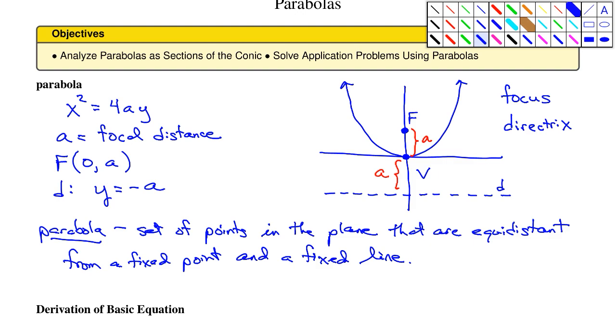Well, that fixed point is the focus, and the fixed line is the directrix.